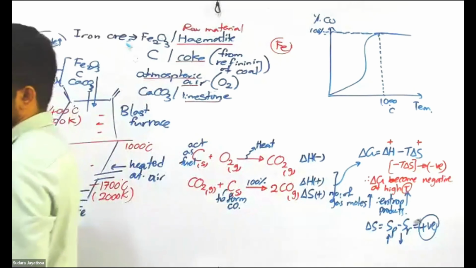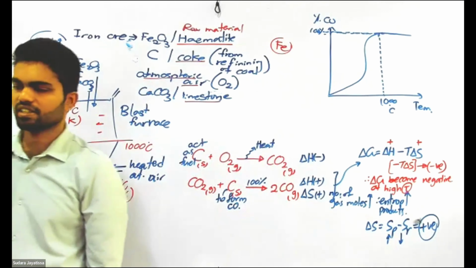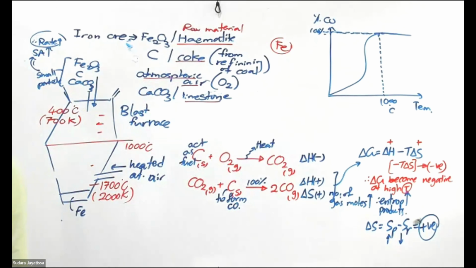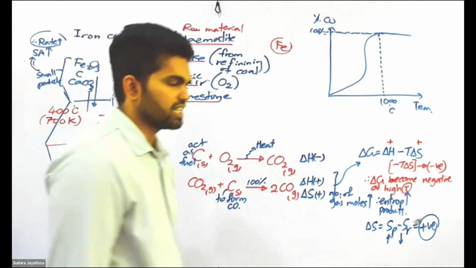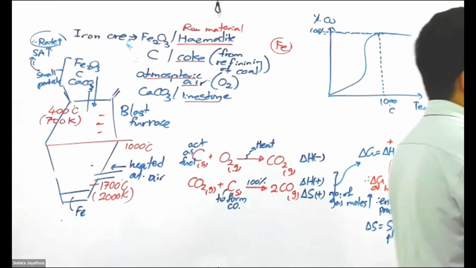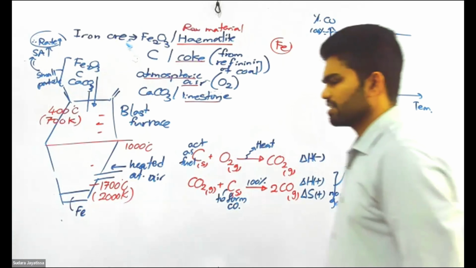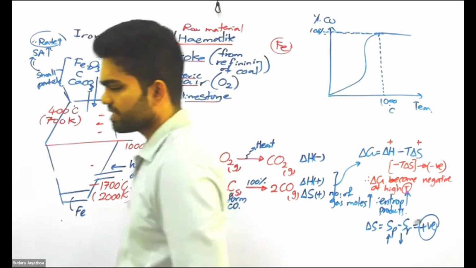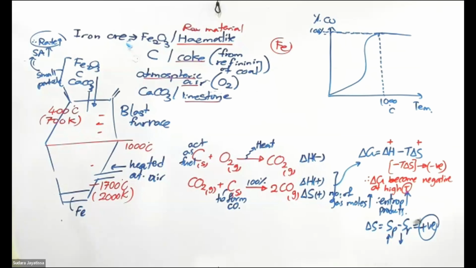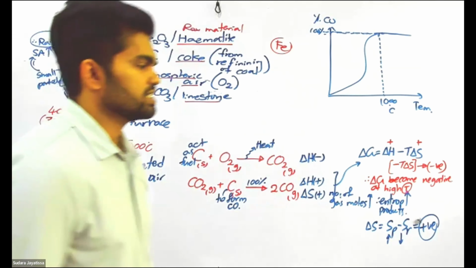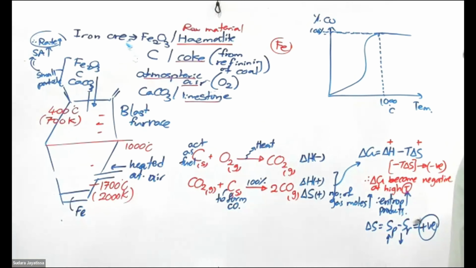And only carbon monoxide, CO, exists after 1000 degrees Celsius. Okay, so that's something valuable to know.